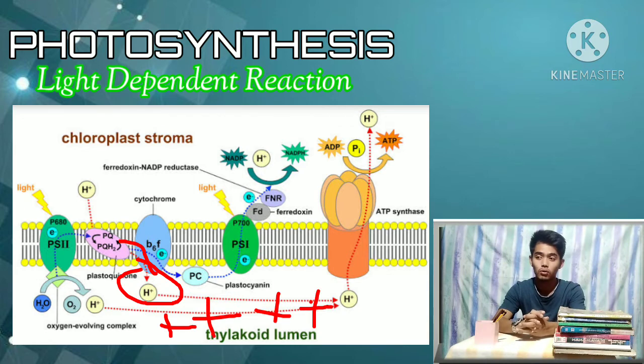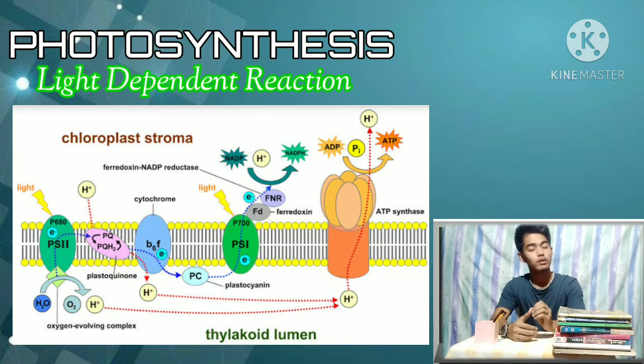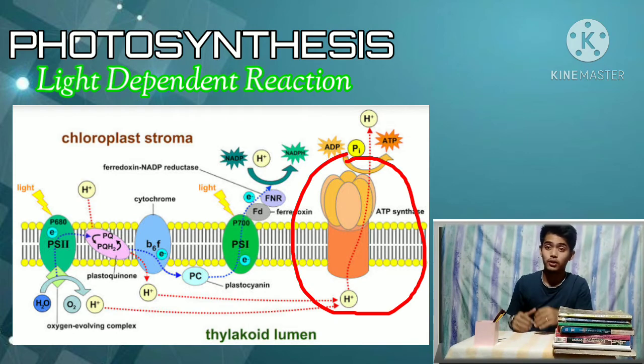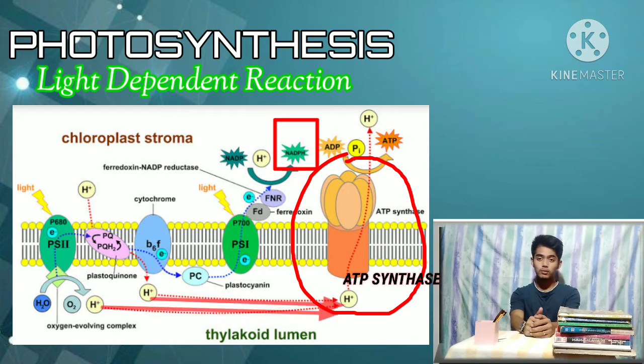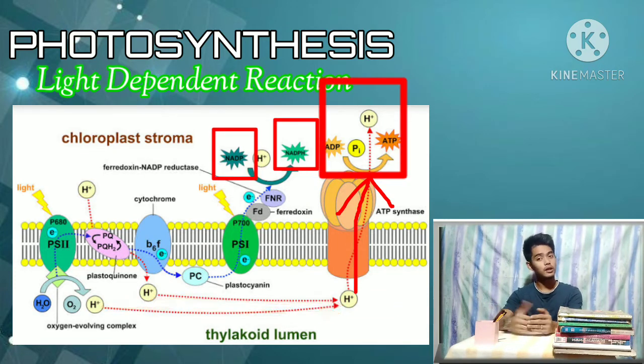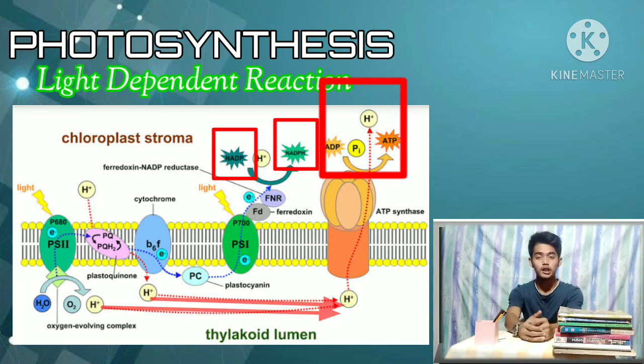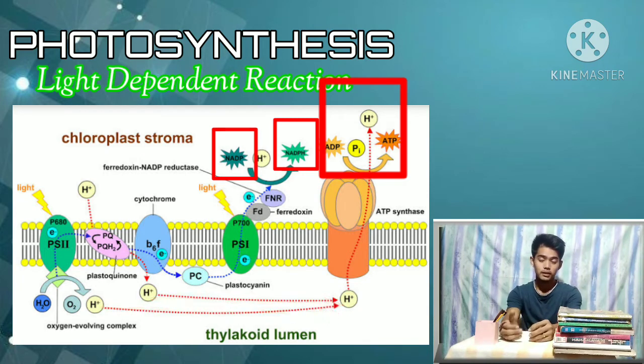So when we have a positive charge, they go through the protein here called ATP synthase. And every time a proton moves through, we make another ATP. In the light reaction, we made NADPH and ATP, sitting down in the stroma and ready for the Calvin cycle.